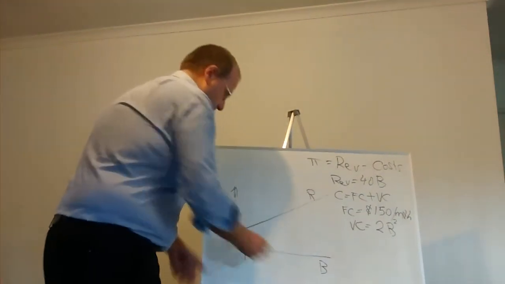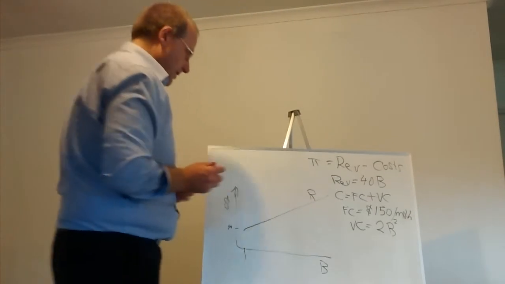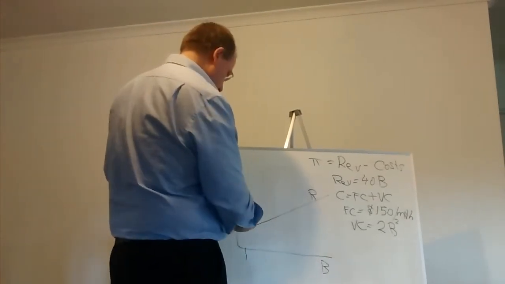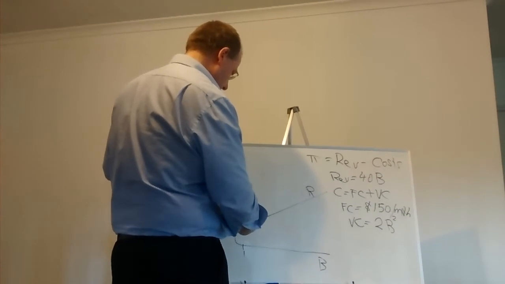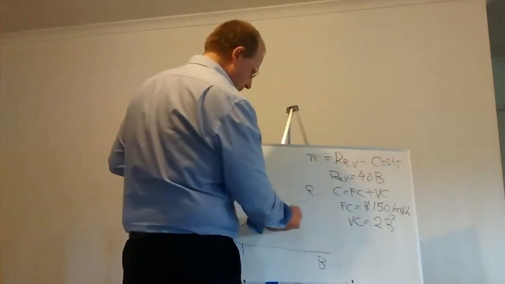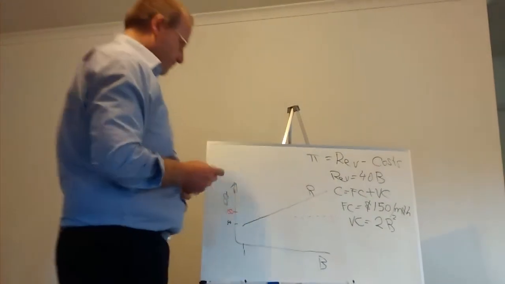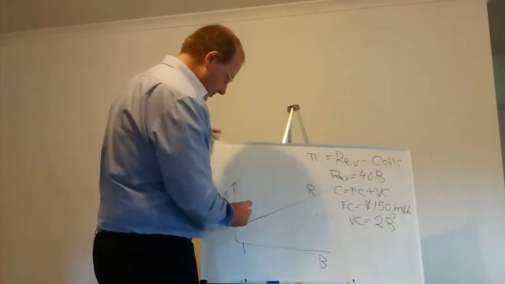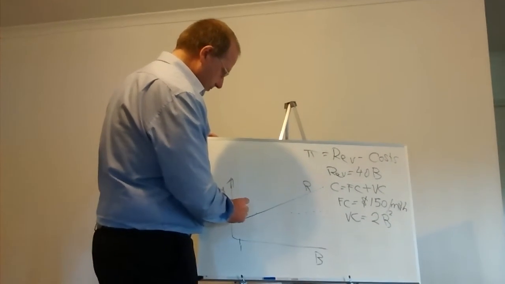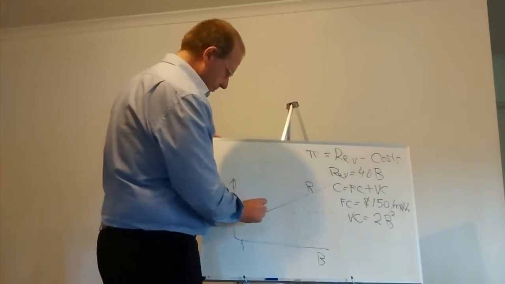But Mary has costs. She has fixed costs of $150 a month, whether she produces anything or not. But on top of that, she has variable costs that increase her costs. So her cost structure looks like this.